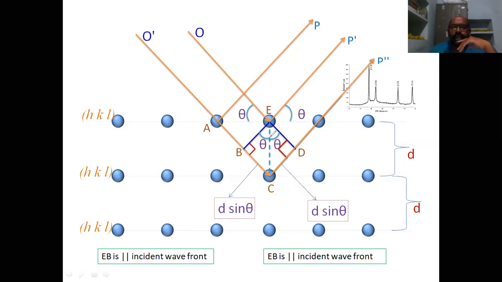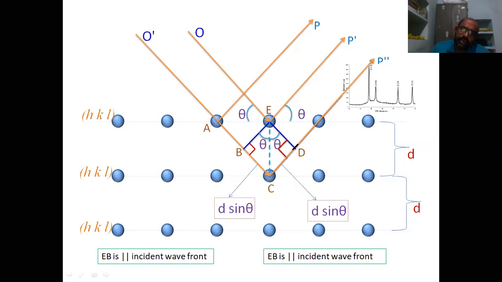EC is the hypotenuse, and its length is D. BC is the opposite side to this theta in this triangle, and similarly CD is also the opposite side in this triangle EDC. Therefore, the opposite side is equal to hypotenuse into sine theta.